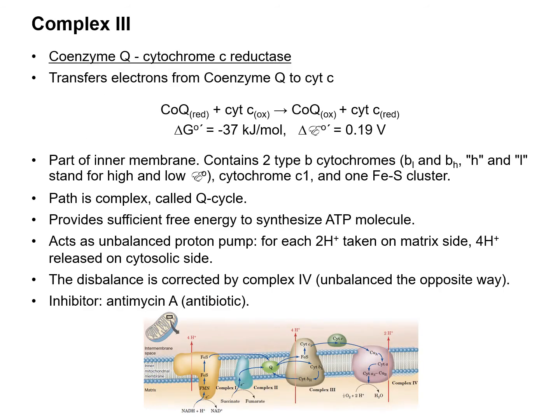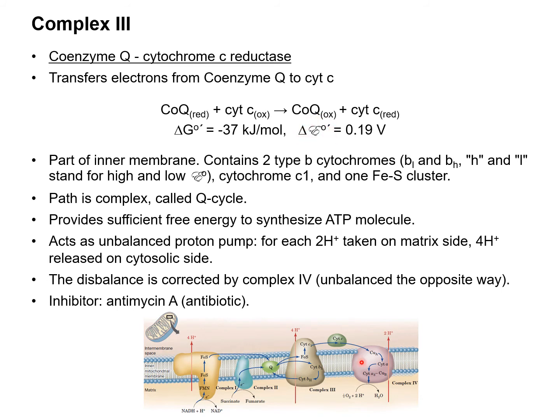The next one is complex 3, which is also called coenzyme Q cytochrome C reductase, and basically it transfers the electrons from coenzyme Q to cytochrome C. Here's the reaction with the delta G naught value as minus 37 kilojoule per mole, and the delta E naught prime values right here.